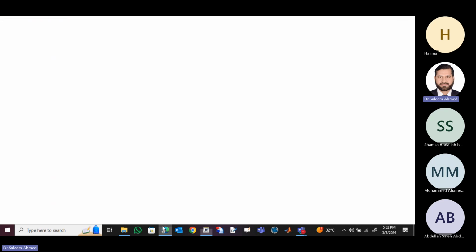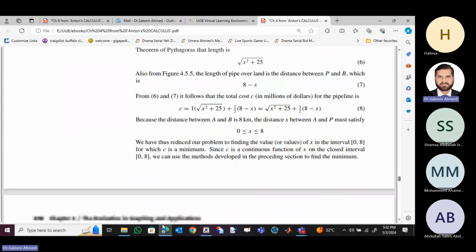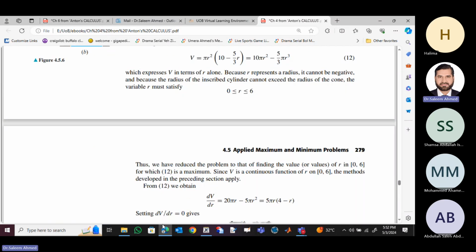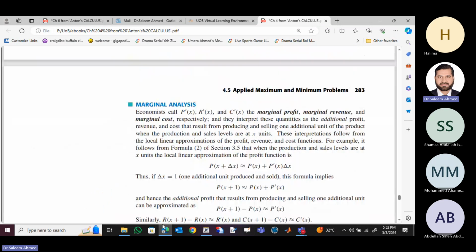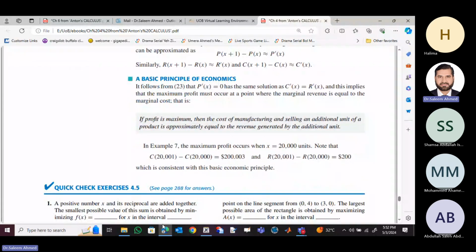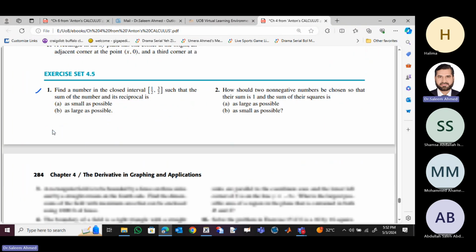So let's see if we have anything from the exercises. I did some problems from the exercises, so you can go to Moodle and watch section 4.5. I have done these problems in that video.